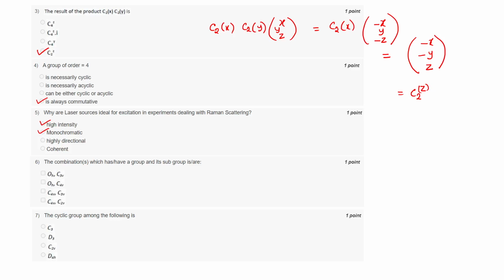It's not a dipole-dipole interaction. It is a dipole-induced dipole kind of interaction. So for that, we need a higher value of electric field, and that can come from a high intensity source. Okay. And why do you need monochromaticity?